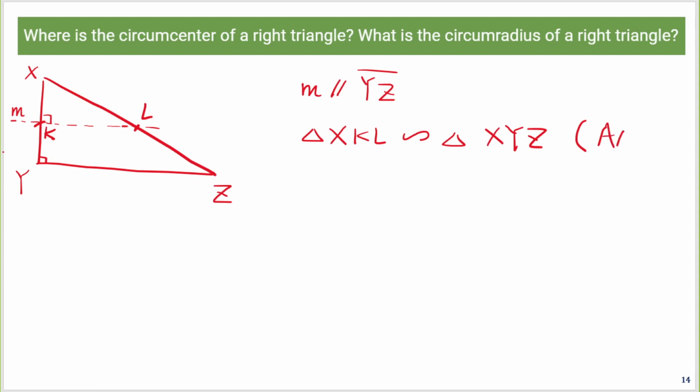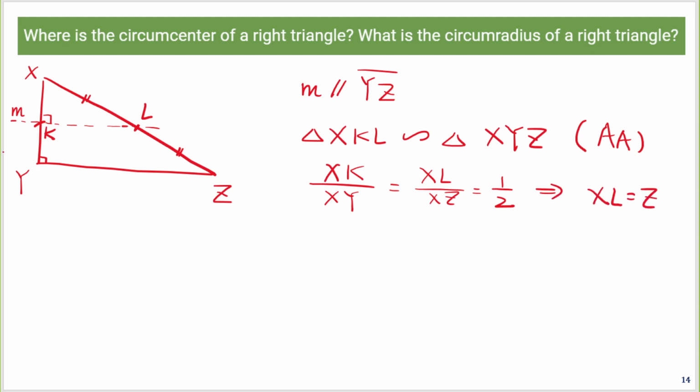According to AA similarity, we know XK over XY must equal XL over XZ, which equals 1 over 2, right? And that actually proves XL equals ZL, right? Therefore, L is the midpoint.